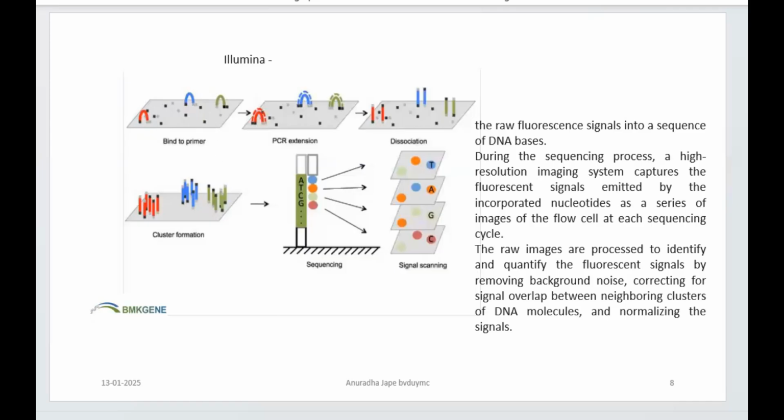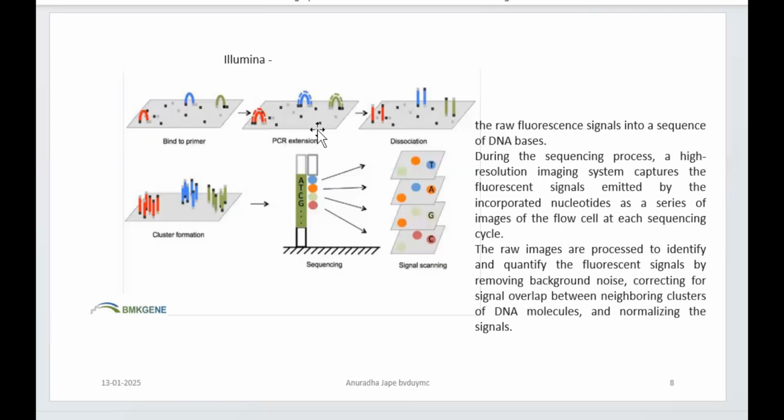Now by now you see the bend to primer, that is what you have seen till now, right? What comes then is PCR extension. PCR extension steps are well known to you. So denaturation, addition of primer is already done, so extension you are going to have by keeping the temperature adequate, so synthesis would occur.